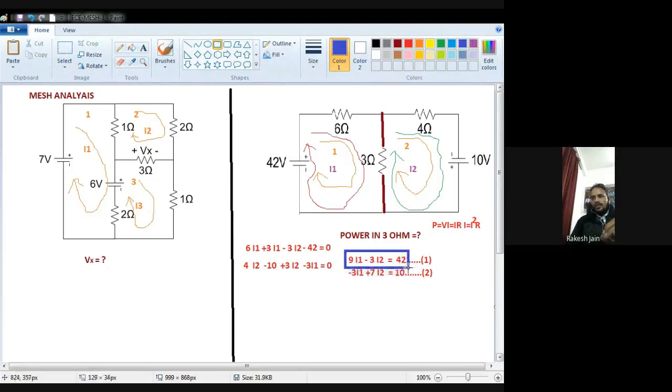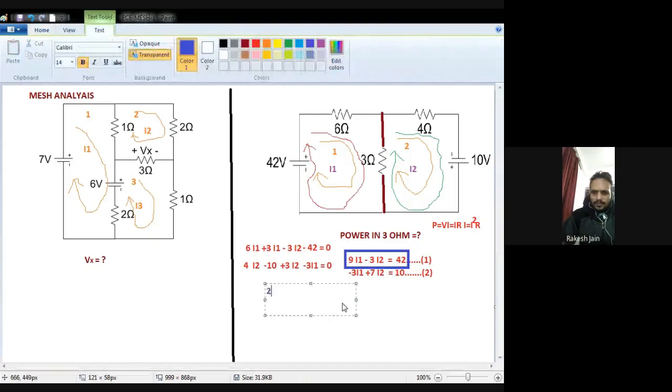So 9 multiplied by 3 is 27. So 27 I1 minus 3 multiplied by 3, that is 9 I2, is equal to 42 multiplied by 3. 42 multiplied by 3 is equal to 126.